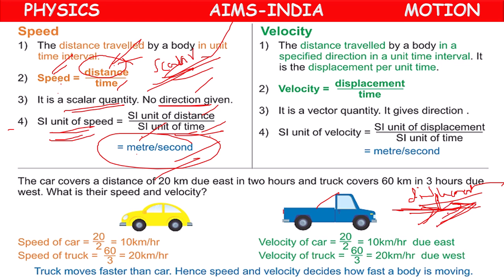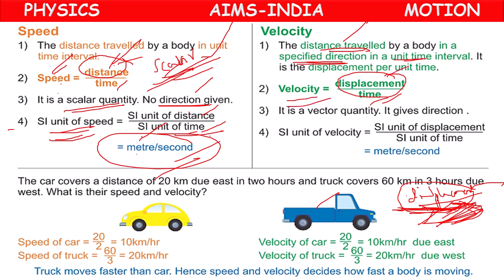So displacement by time. In how much time, how much displacement it has covered. If we divide, we will get displacement traveled in unit time. Displacement also can be considered as distance traveled in a specified direction. If distance happens in a particular direction, we call it displacement.